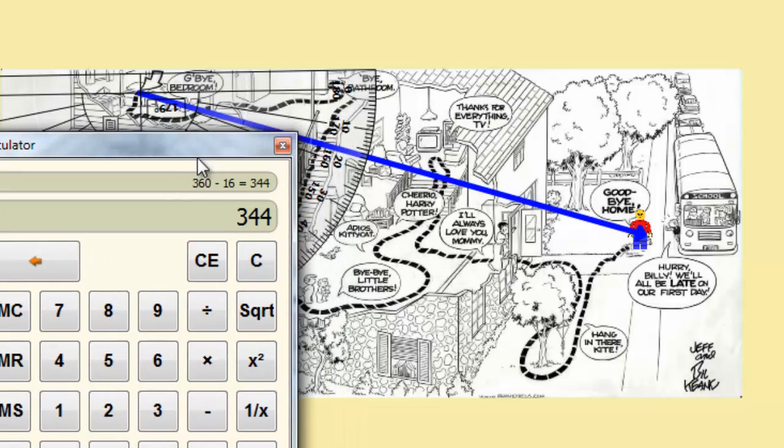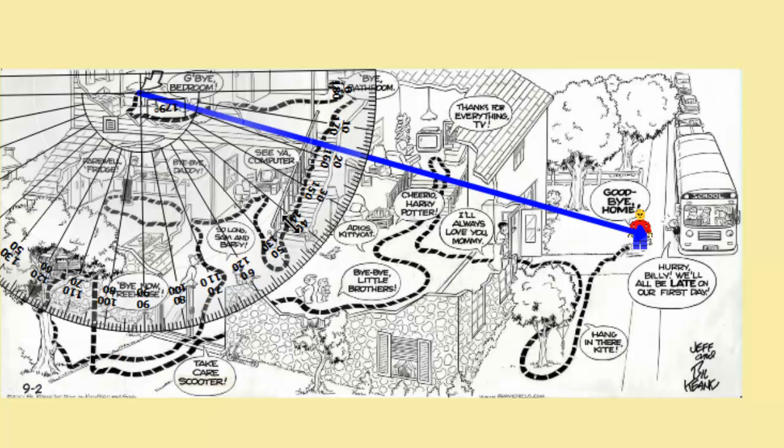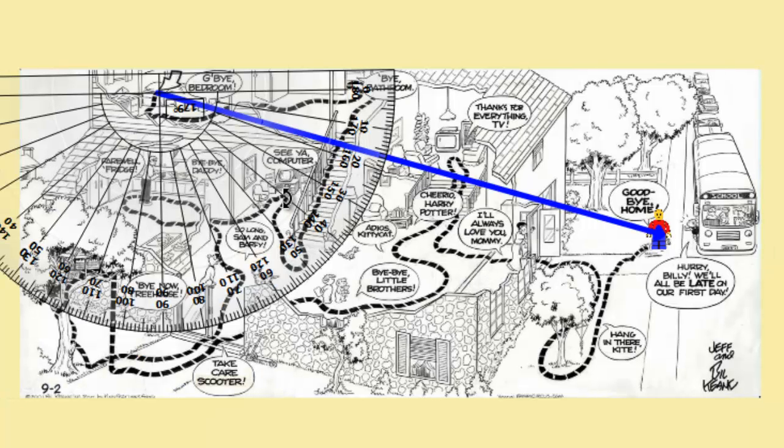And so his direction could be 344 degrees if we establish 0 as this point right here. So this displacement then would have both magnitude and direction, which makes that a vector quantity.